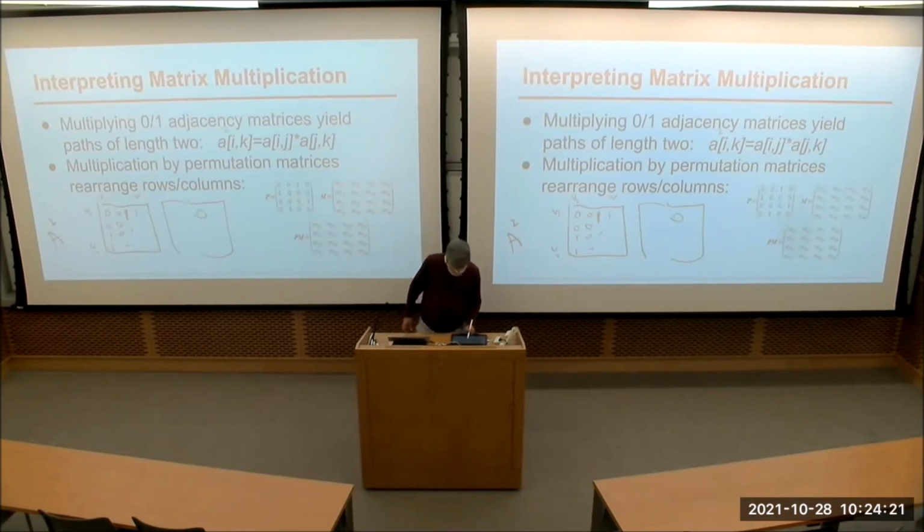If it's the square of this matrix, what is the product? The element ij is going to be the dot of the ith row of the matrix times the jth column.